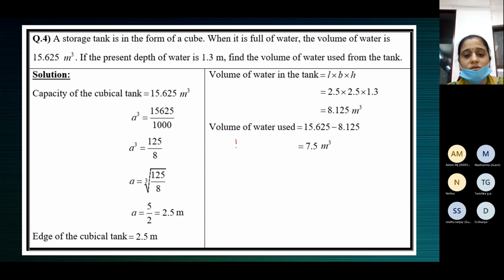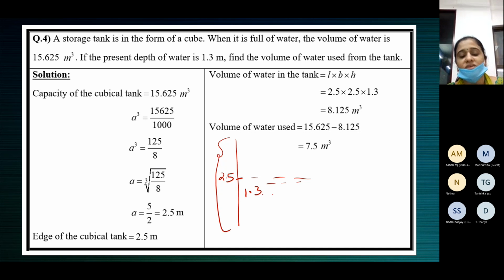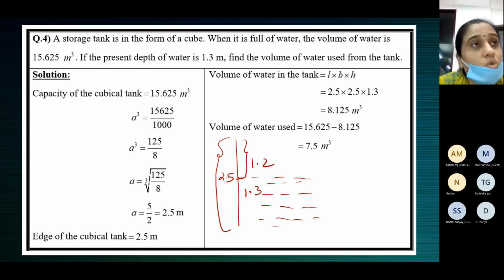The total height of the tank is 2.5 meters. So now the present depth of the water is 1.3. To this height, water is there. 1.2 is empty. There's no water. It's used. Correct? Okay. Now the question is to find the volume of water used from the tank.